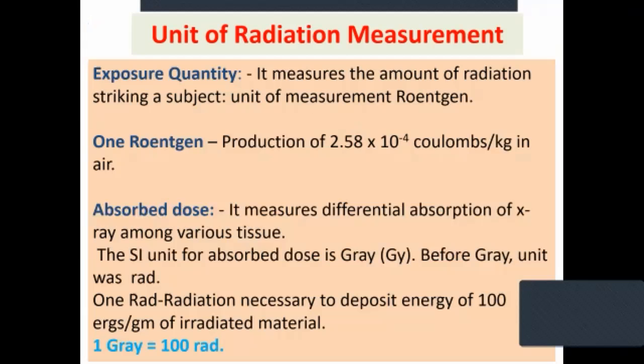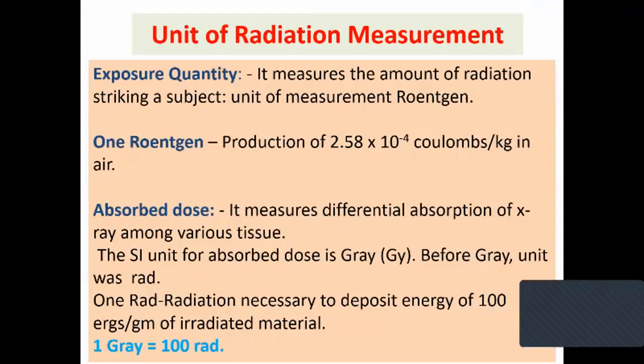So first is the unit of measurement. First is the exposure quantity. How much radiation we expose a particular subject to is measured with the help of the Roentgen.